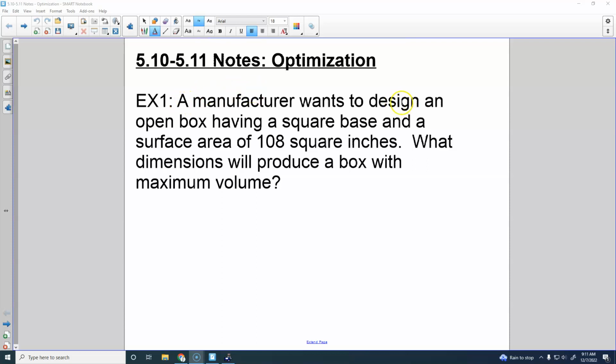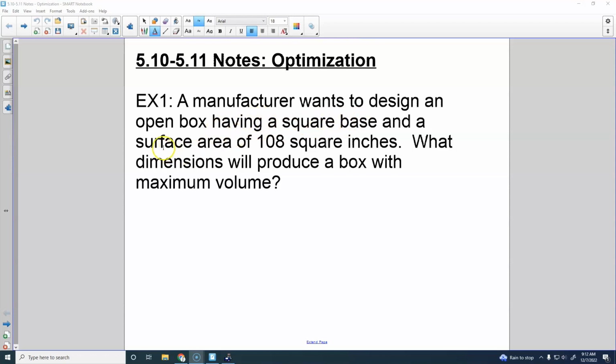So a manufacturer wants to design an open box having a square base and a surface area of 108 square inches. What dimensions will produce a box with maximum volume? So open box means that it does not have a top here. And we want to have a square base.